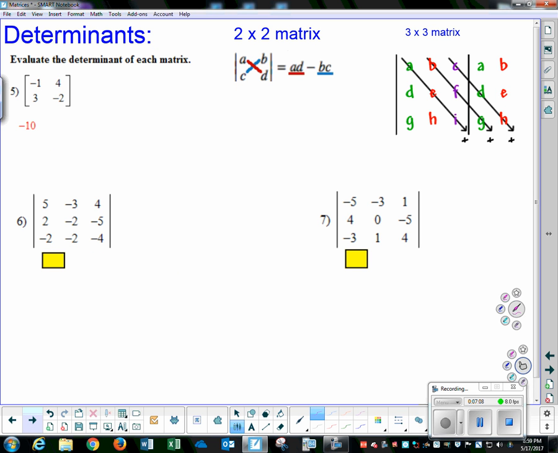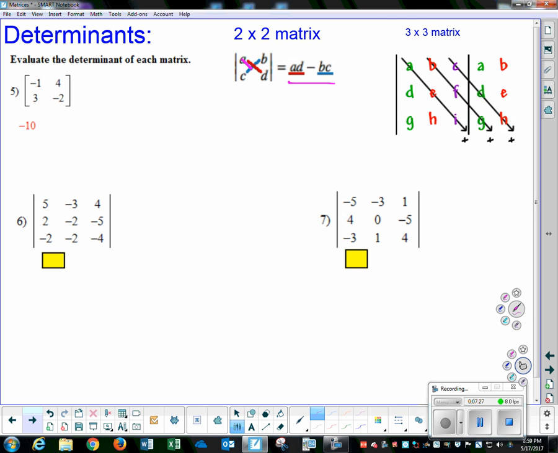Next, let's talk about a determinant and how you calculate a determinant. It depends on the size, because the procedure for finding the determinant is different based on the size of the matrix. So a 2 by 2 is very simple, and here you can see the formula for calculating it.